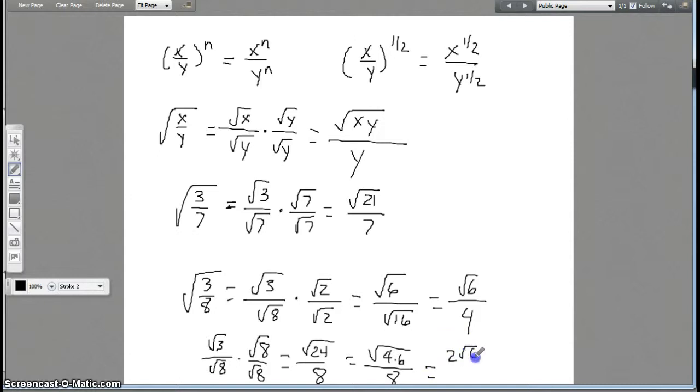That makes 2 root 6 over 8, and then that simplifies to square root 6 over 4. So if you want to avoid having to simplify, then you want to multiply the denominator of your fraction by the smallest number that will make it a square, not necessarily by itself.